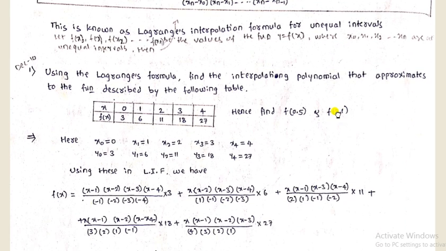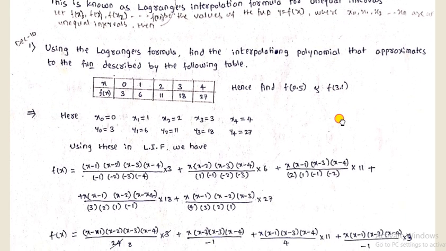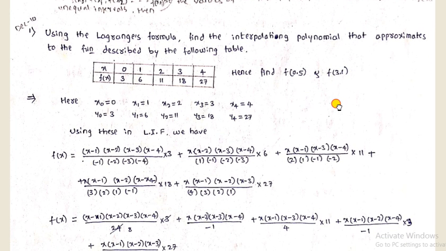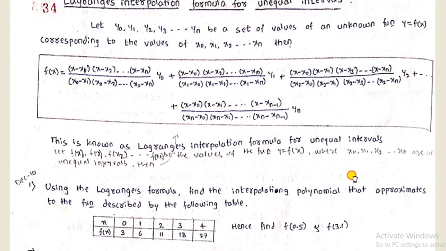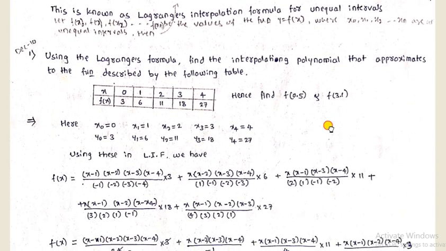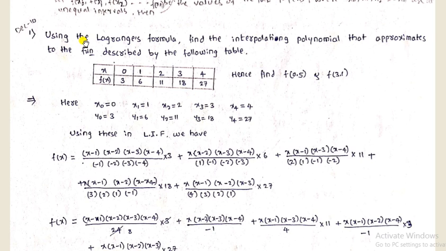Now the examples on Lagrange's interpolation formula for unequal intervals. First example: using Lagrange's formula, find the interpolating polynomial that approximates the function described by the following table.